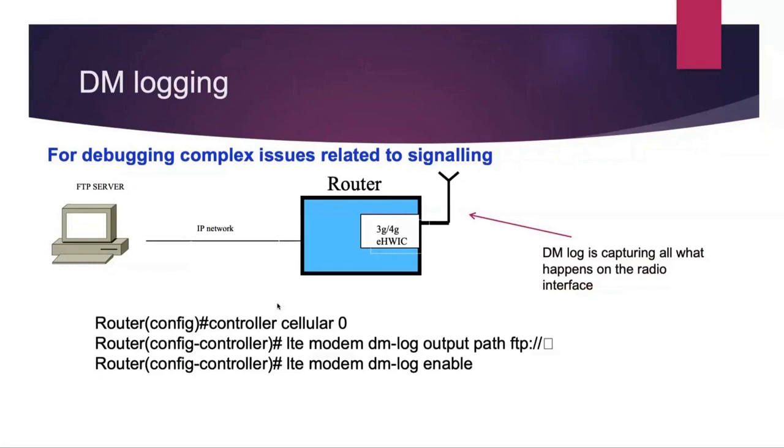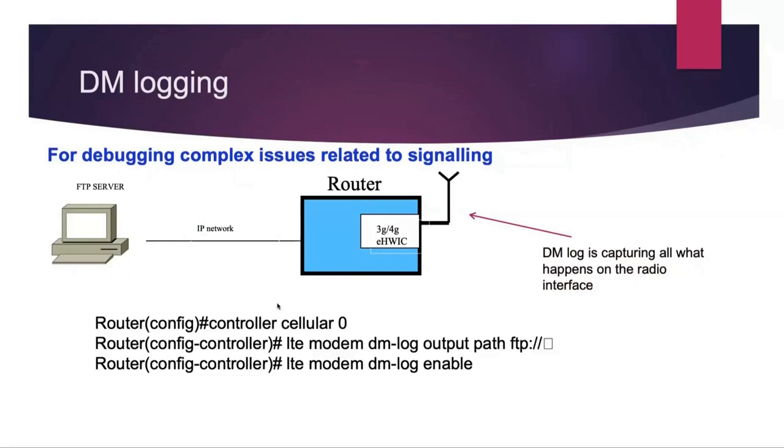So again, when I'm not getting an IP on my cellular interface and the ISP is also saying everything is fine on my end, what the DM log helps us isolate is those log messages that we do not see on the CLI, or debugs as well. It will tell you, okay, my router is sending out a packet called attach request.